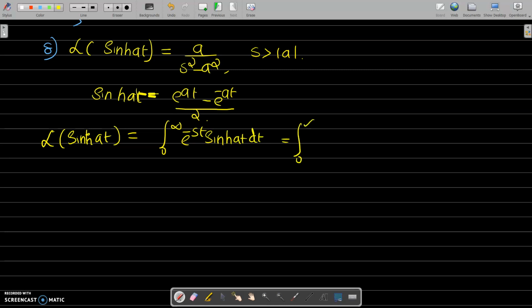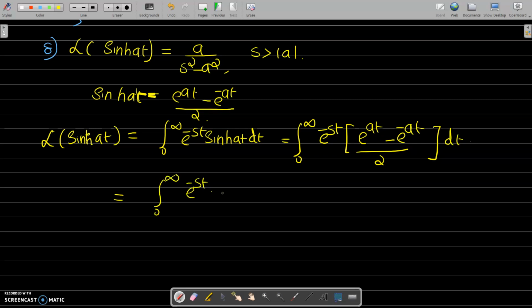which is equal to integral from 0 to infinity e raised to minus st into e raised to at minus e raised to minus at divided by 2 dt. Taking 1 by 2 outside, this is integral from 0 to infinity of e raised to minus st into e raised to at minus e raised to minus st into e raised to minus at dt.